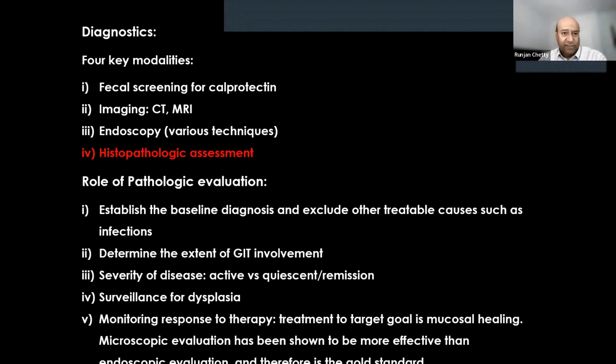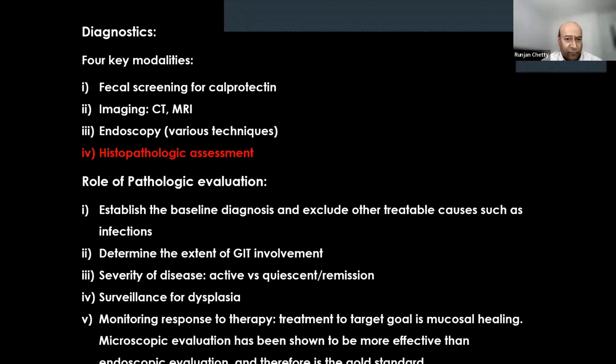Endoscopy has really advanced, as I mentioned in my previous talk, with various techniques of chromoendoscopy and white light endoscopy, etc., that allow visualization of the bowel wall much better than it ever was. And finally, histopathological assessment. And histopathology really is the gold standard, as I've said down there at the bottom. It is the most effective modality in making the diagnosis.